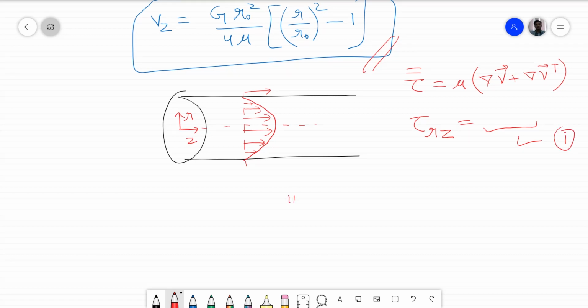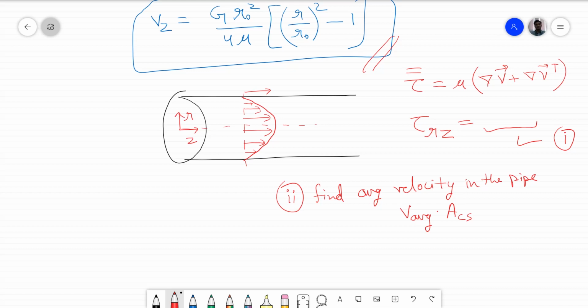The second problem is find the average velocity in the pipe. So that if you know the average velocity, you can multiply V average by the cross sectional area of the pipe to get the volume flow rate. For example, how do you measure V average?